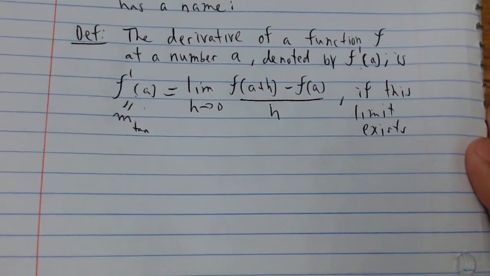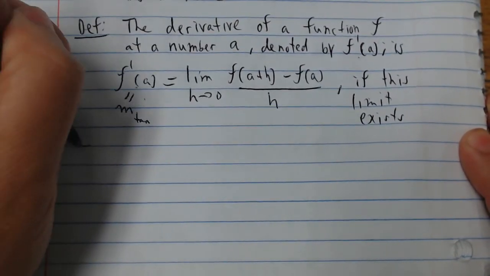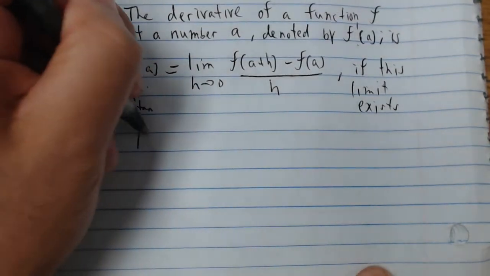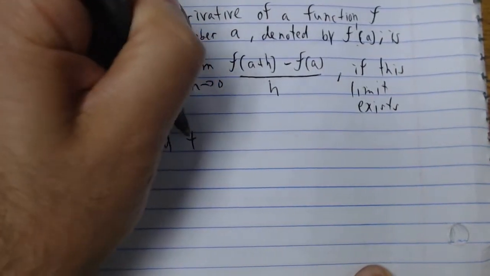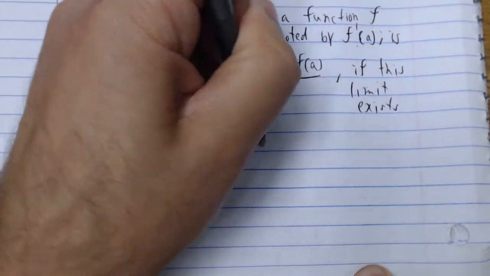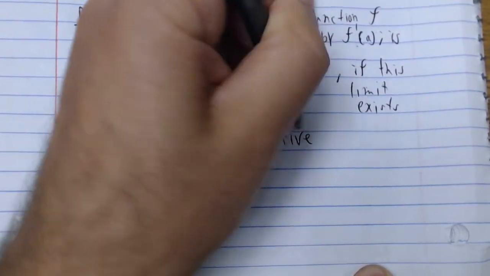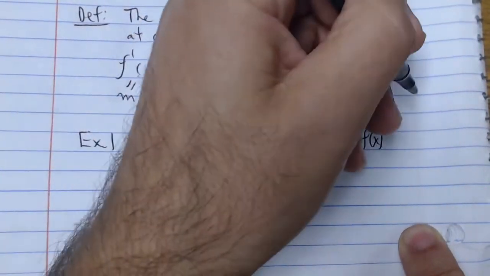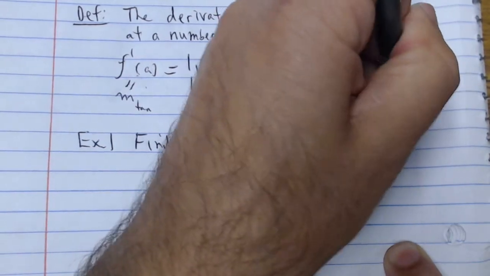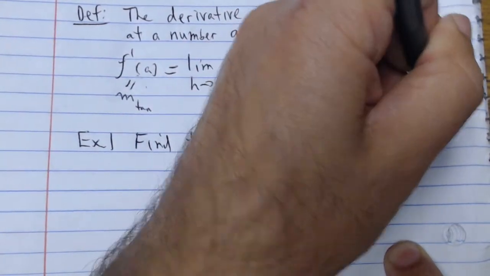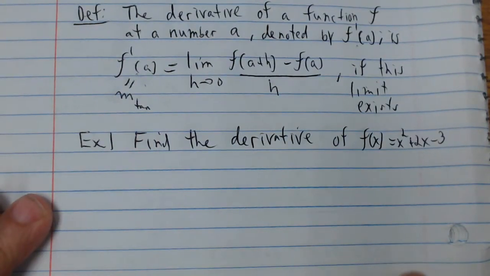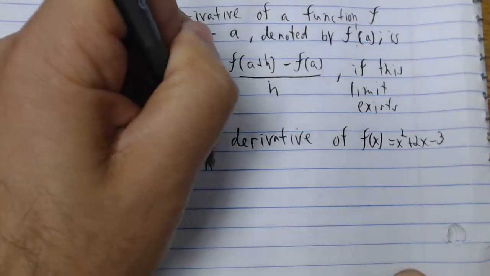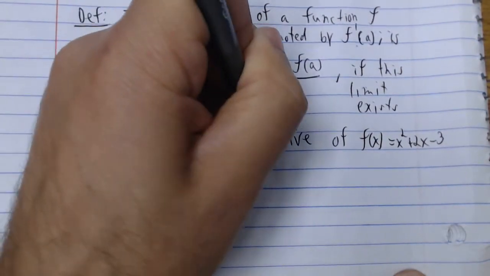So for example 1, we are going to say find the derivative of f of x equals x squared plus 2x minus 3 at the number a.